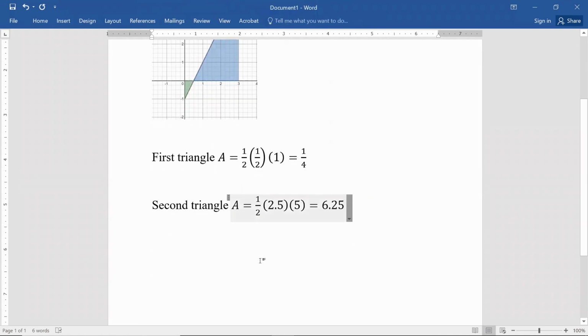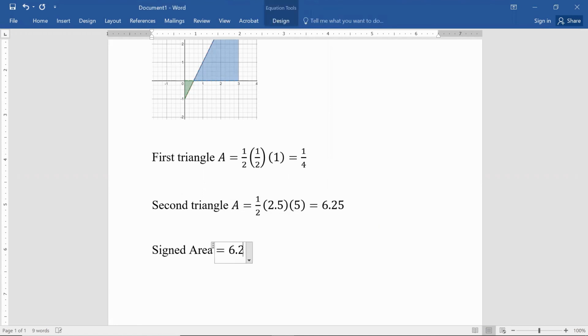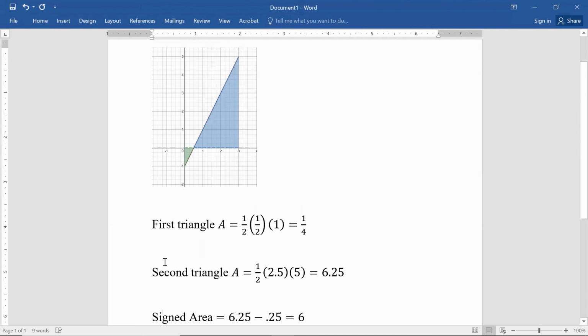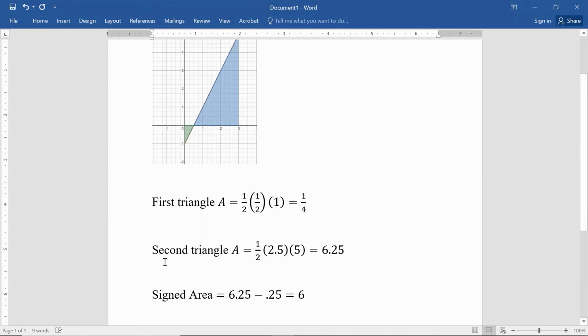This means since the second triangle was above the x-axis and the first triangle was below the x-axis, the signed area would be equal to 6.25 minus 1/4. So the total signed area is 6. That's what we're doing here.